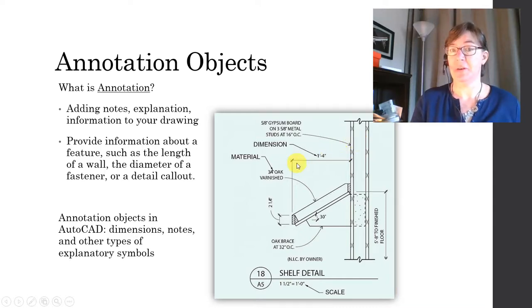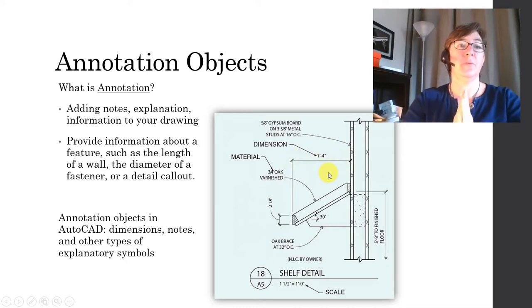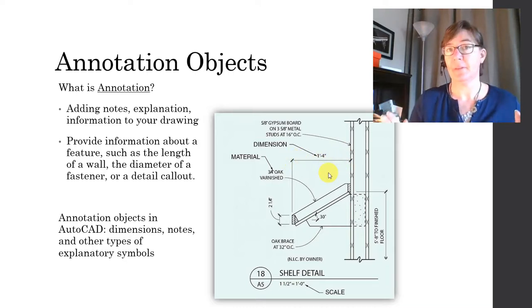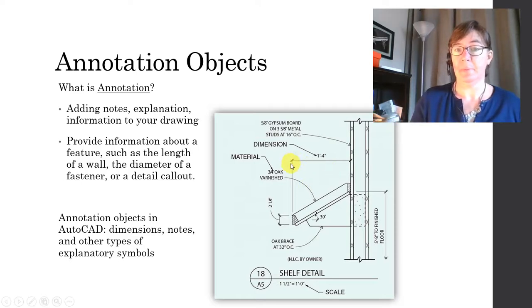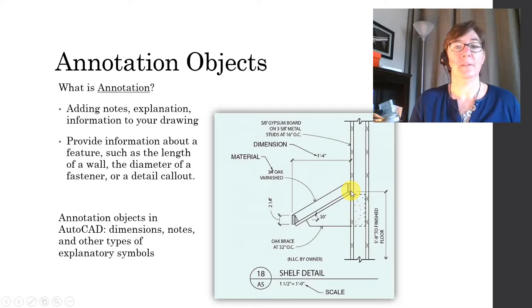Here's another kind of annotation. It's a dimension right here. Dimensions are used to give lengths. And so this particular dimension is showing how deep this shelf is, and dimensions have a numeric amount right here, and they've got extension lines. That's this piece right here.